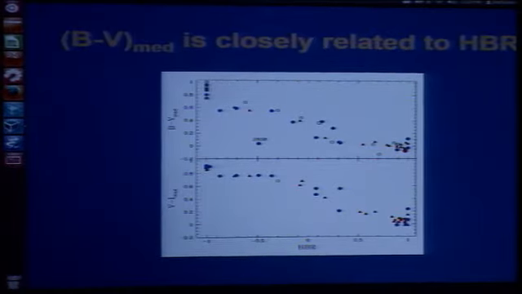And depending on whether you count more in the blue or more in the red, it stays here or here. These are the ground-based observations, and these are the space telescope observations. So depending on what you are using as a sample, it jumps from one part to the other, because the median is where 50% of the distribution is.